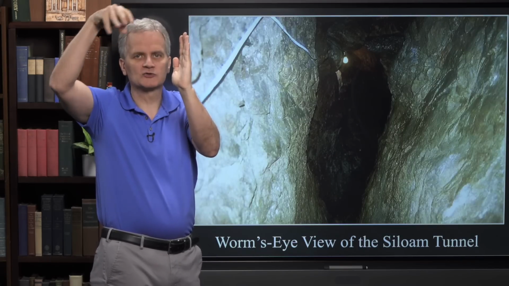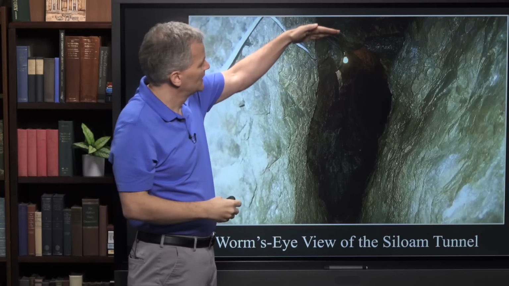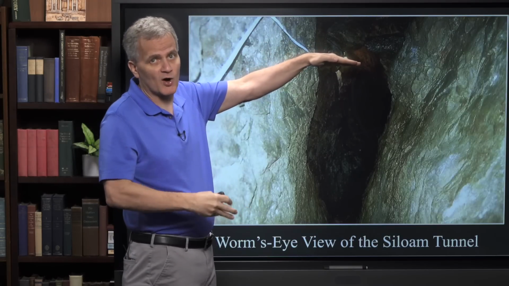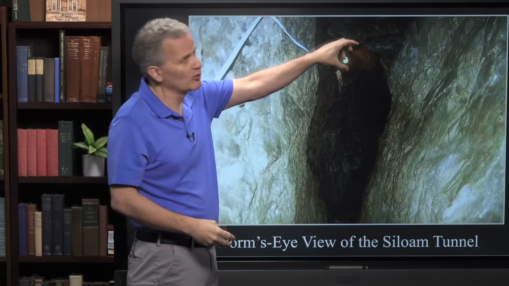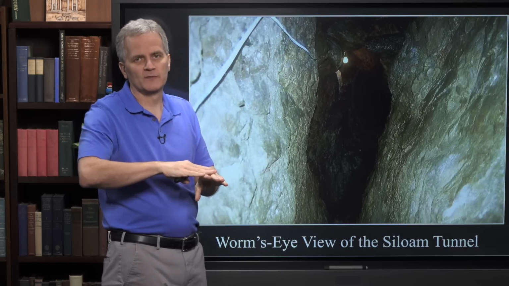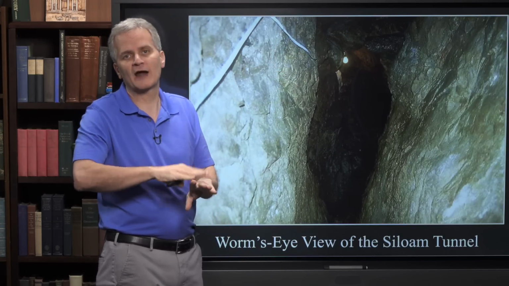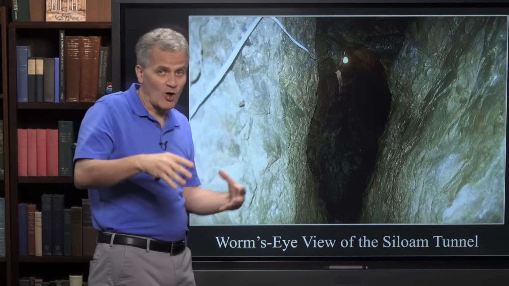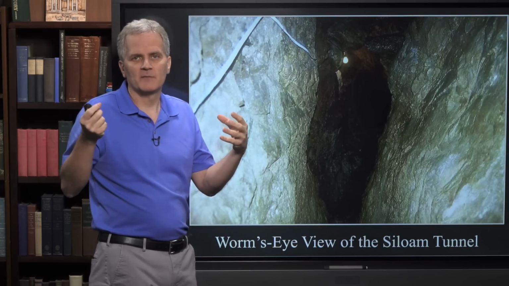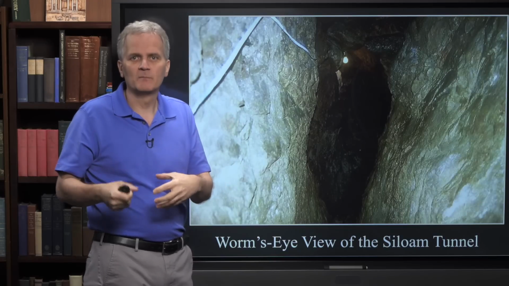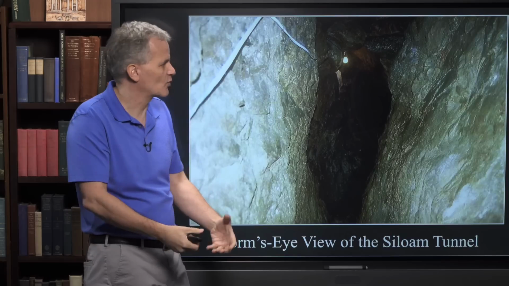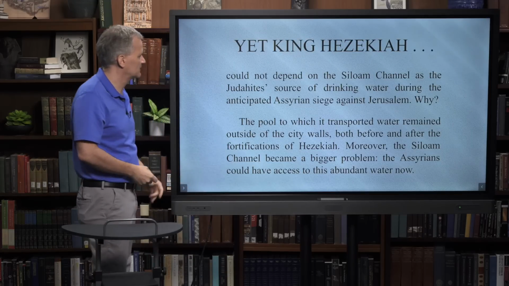Just dropping boulders in there to be able to close up that exposed part of the channel. So if you put enough boulders there, you can then put dirt on top, smooth it over, and make it look like typical ground anywhere. And so that was all part of this fortification system, making the place defensible and preventing your enemy from getting access to your water source. So that's part of what they did.